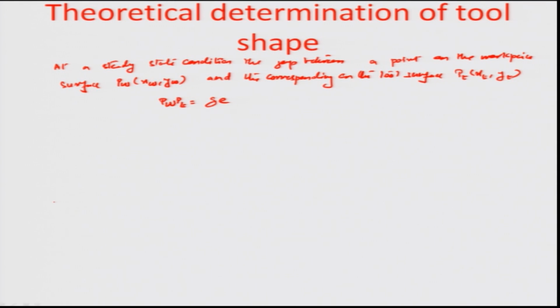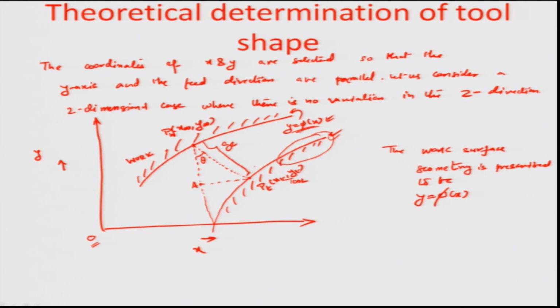So, obviously, from the illustration that has been drawn earlier here, what we can find out is that x t, which is all the way here from the origin, minus x w, which is here, would be given by this distance right here, which is nothing but the equilibrium gap G times sine of theta.